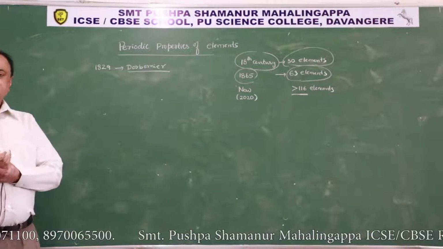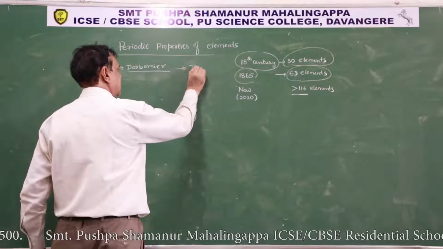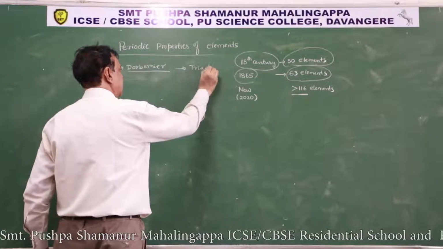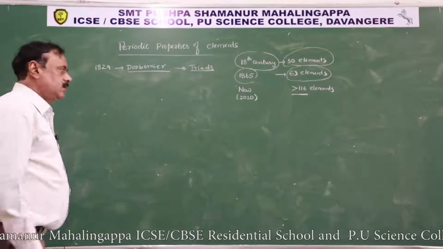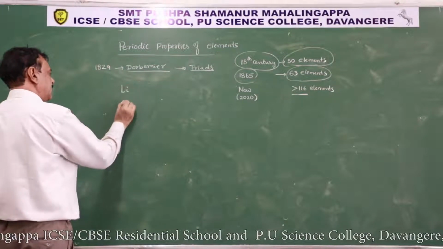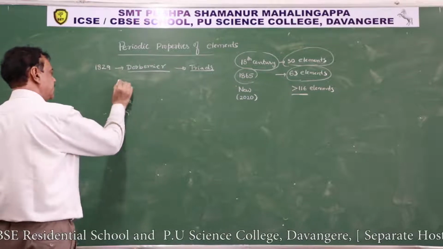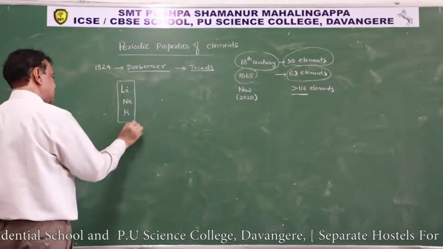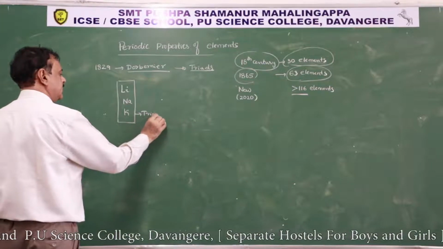They classified the elements on the basis of the triad rules. Now see, in the triad rule, suppose lithium, sodium and potassium, these three elements are considered as a triad.